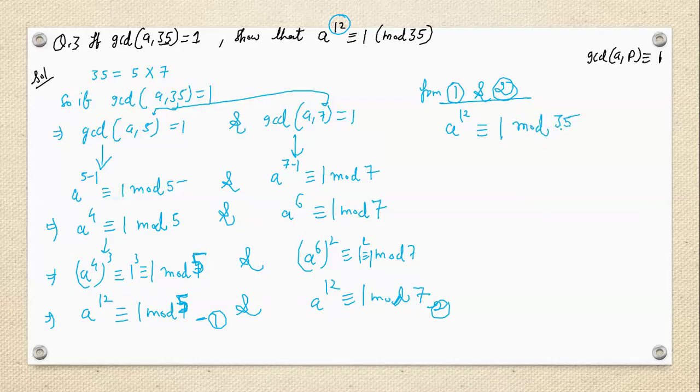You know this concept now, that is if A is congruent to B mod C and A is congruent to B mod D, then from both of them we can say that A is congruent to B mod CD, the combination of this one.